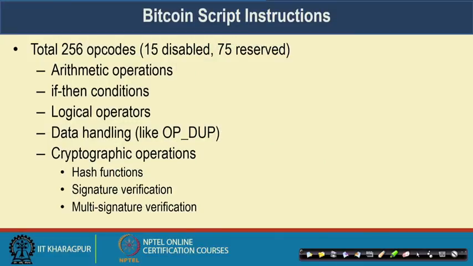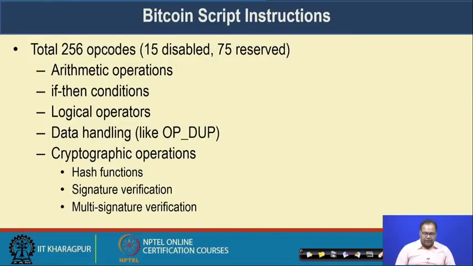Now, in case of Bitcoin, that was the initial version of Bitcoin script, it has a total of 256 different opcodes. Out of them, 15 are currently disabled and 75 are reserved. So, you have different arithmetic operators, if-then conditions, logical operators, and data handling operators like OP_DUP, which duplicates the entry at the stack top.